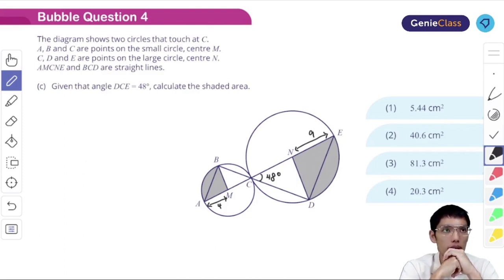Recall, there are a lot of concepts here that are applied, and in fact, one of them is from Sec 3E. If I'm not wrong, you only learn that at Sec 3. So I do have a mixture of Sec 2 students and Sec 1 students as well. So if you're not sure of this concept, it's okay, but if you want to give it a try, do try the hint.